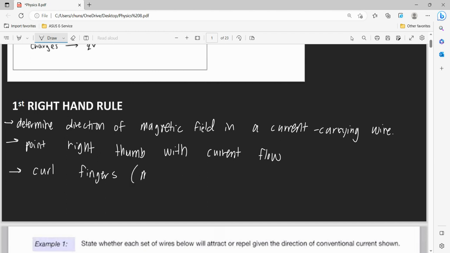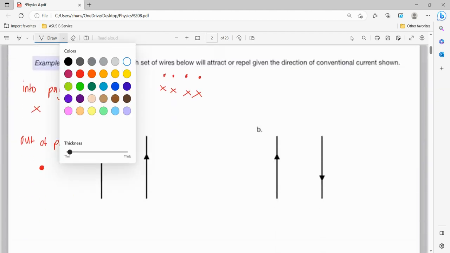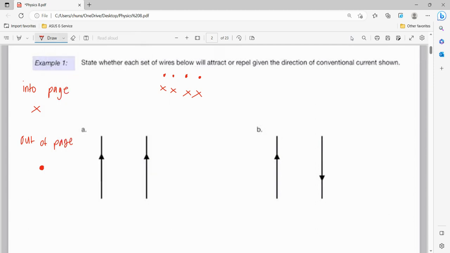And this represents the magnetic field. So in this example, if we line our hand like this, we see that it will wrap around like this in this example.